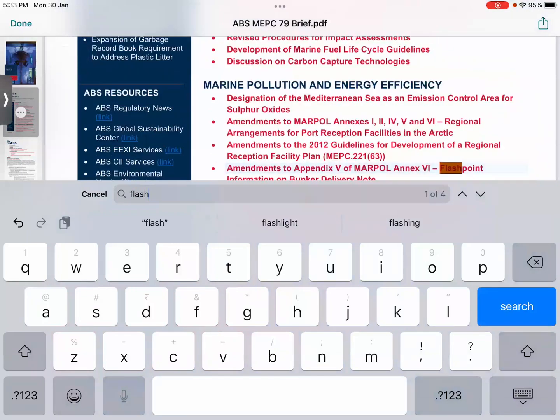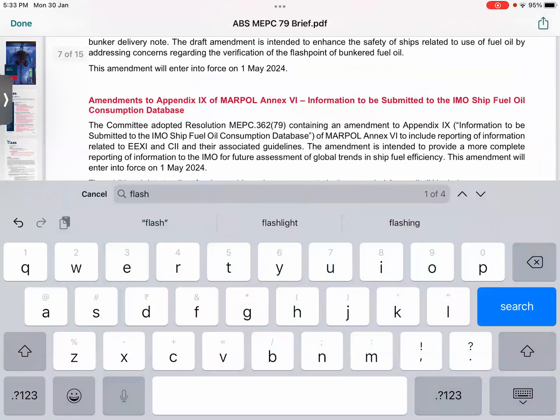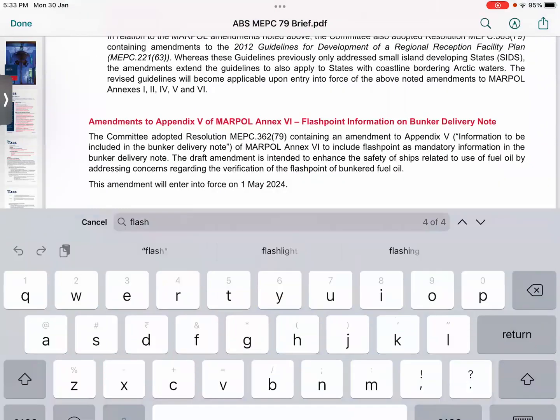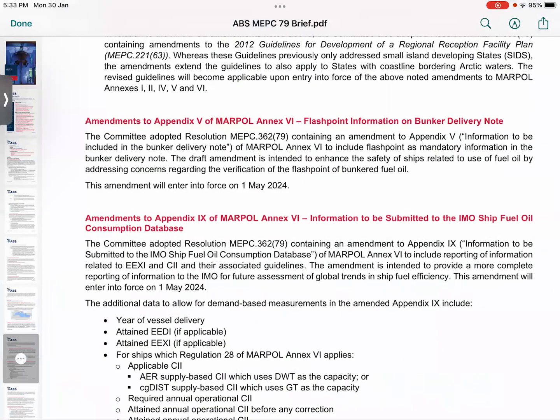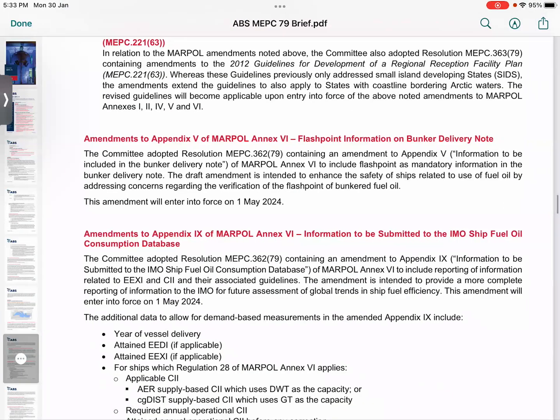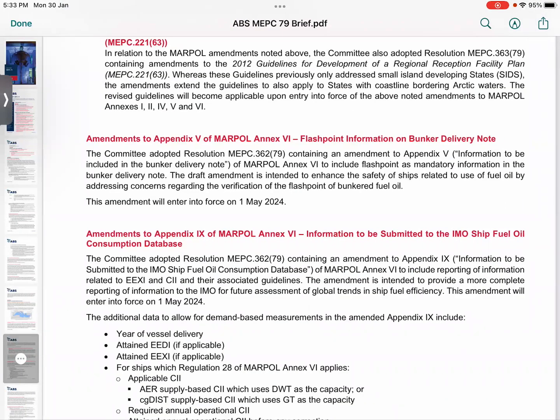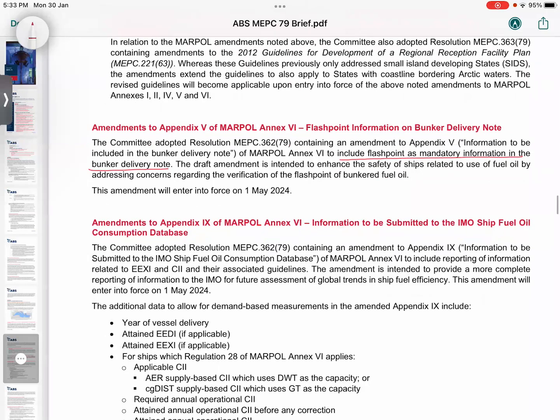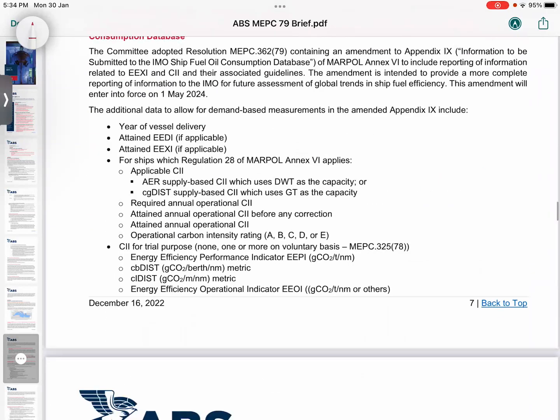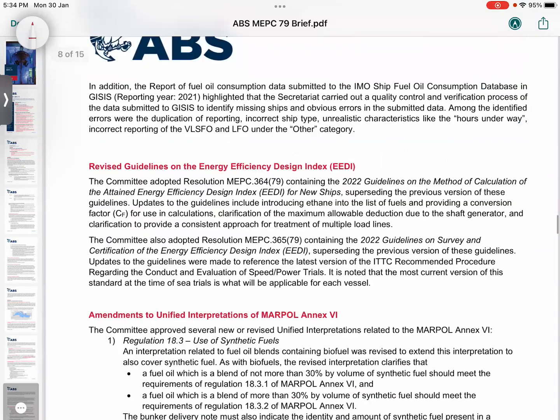Okay, this is the one. I didn't understand this point. Wait, I'll tell you. Please read this. The committee adopted a resolution, please read from here: MARPOL Annex VI to include flashpoint as mandatory information in the BDN, right? So in this, what they have said is that suppose you test the fuel above 70 degrees Celsius.